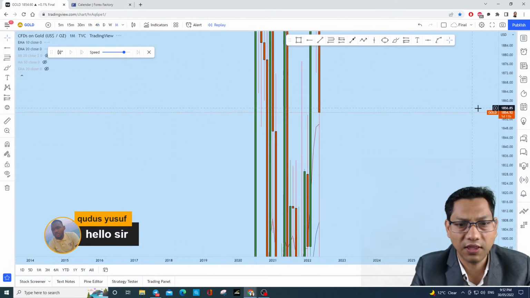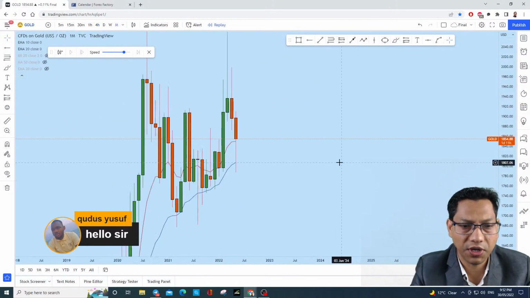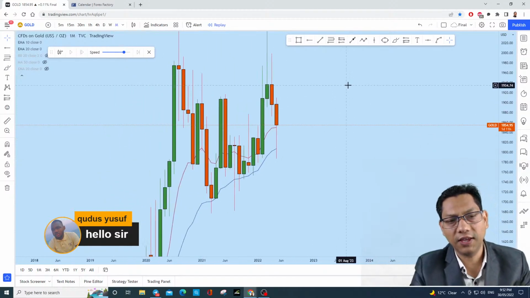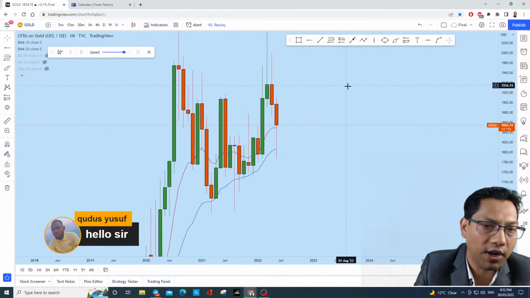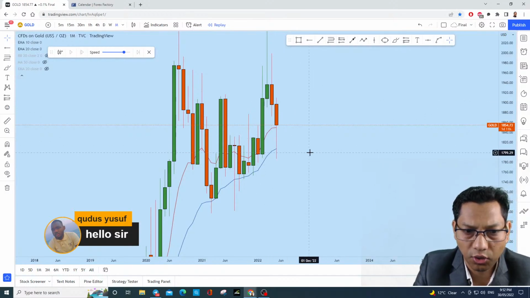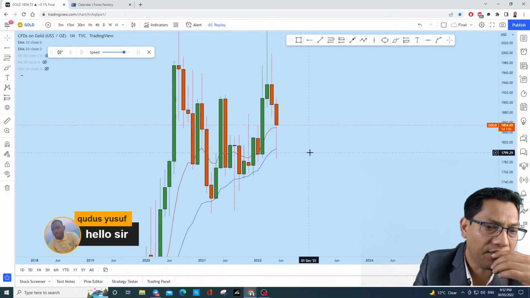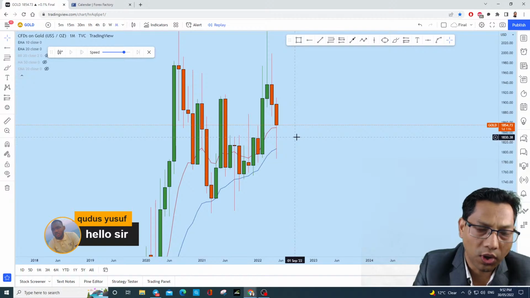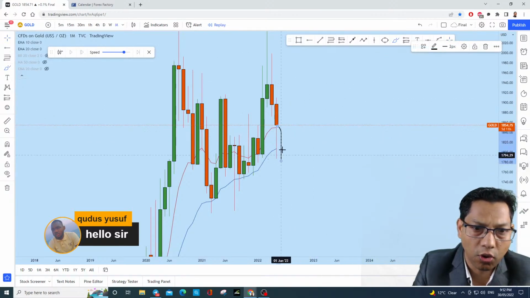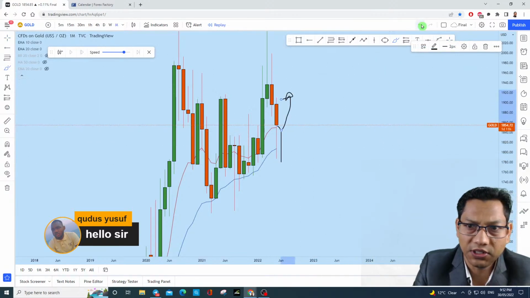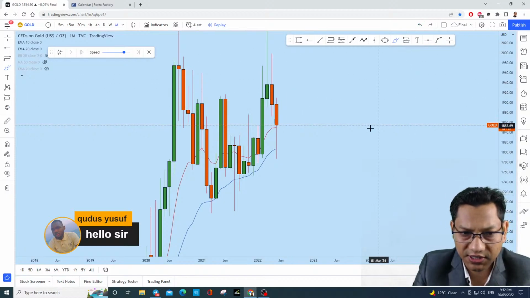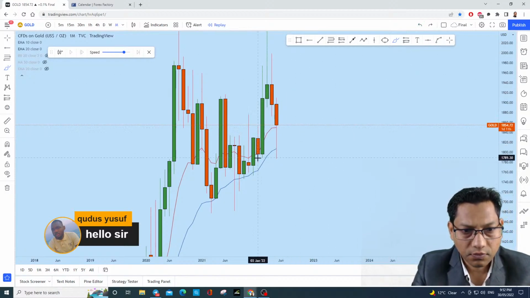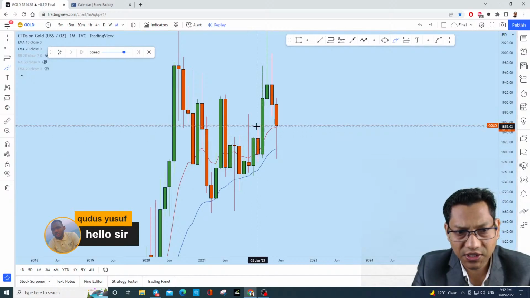First of all, monthly. I always love to see the bigger picture. Now on the monthly, you see where this monthly candle is going to close. After this close, what is likely to happen? Is it dropping or is it going up? This is the question. The first thing is, you see this monthly red candle, the price is just above it.